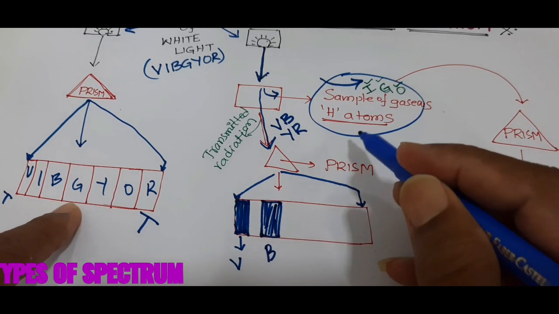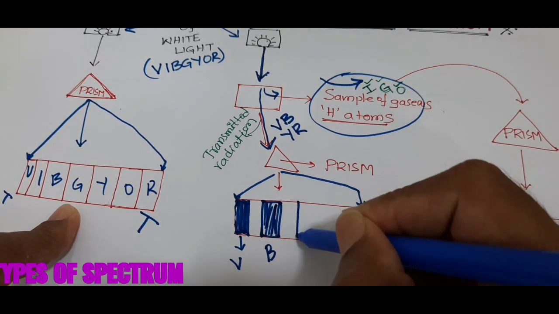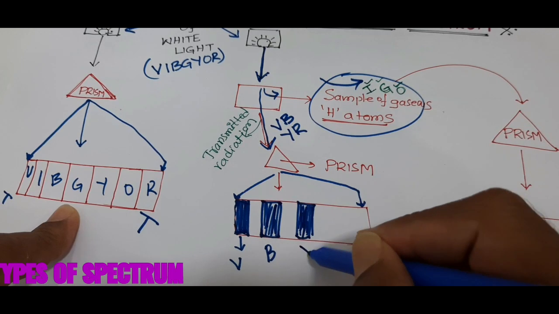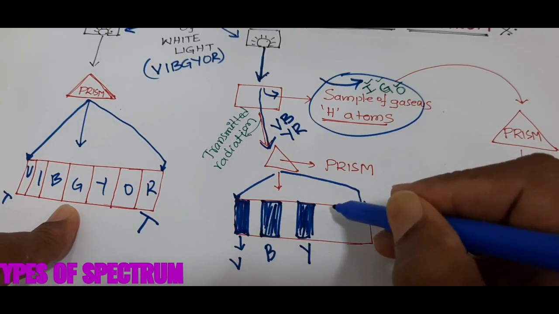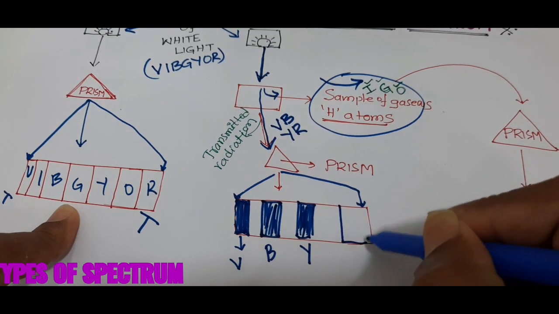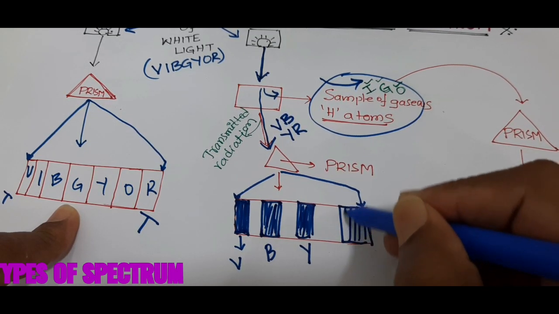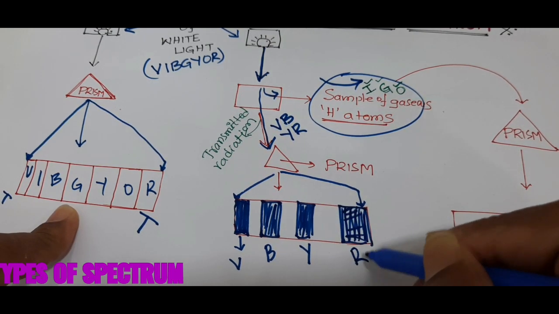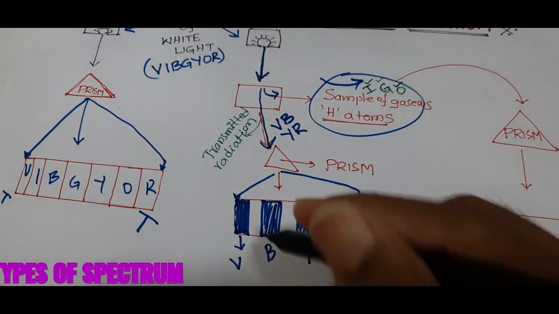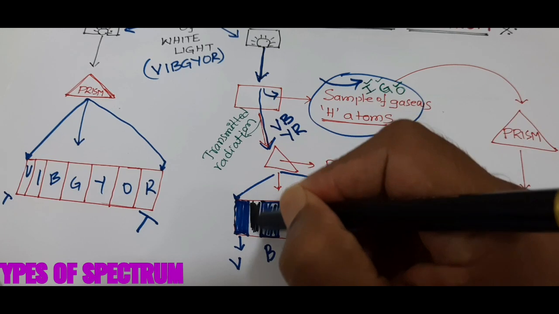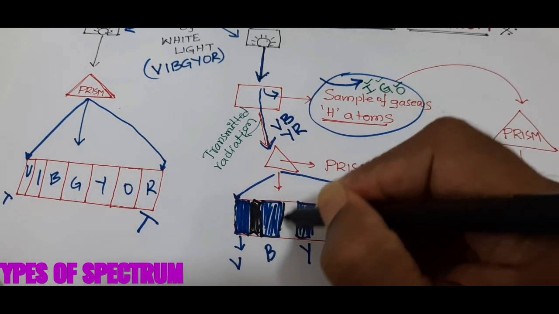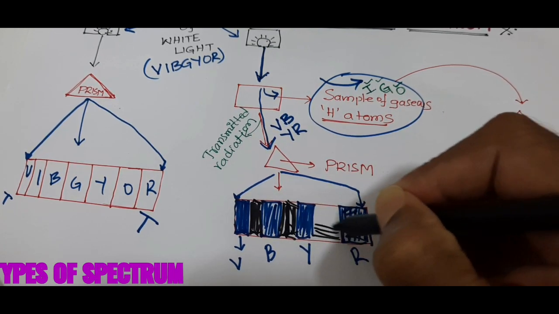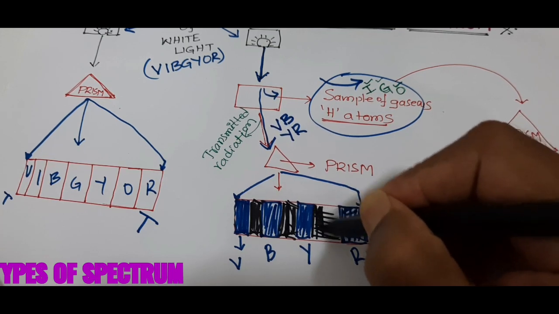And then green is absorbed again by the hydrogen gas. And this is yellow. And orange is absorbed by the sample of hydrogen gas. So this spot is called red. So these three areas in the photographic plate appeared as dark spaces, because the photographic plate is black in color, so it is a dark space.